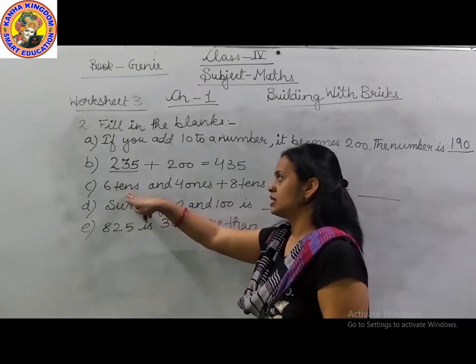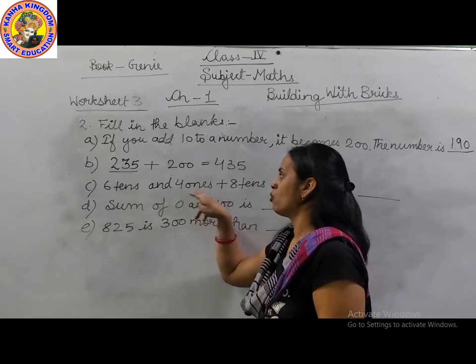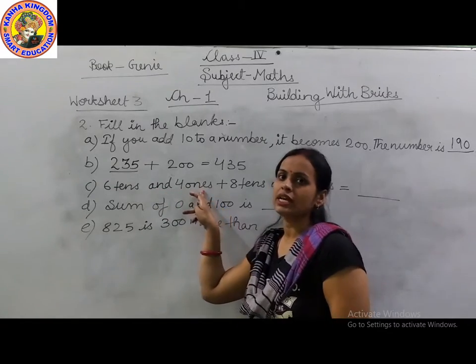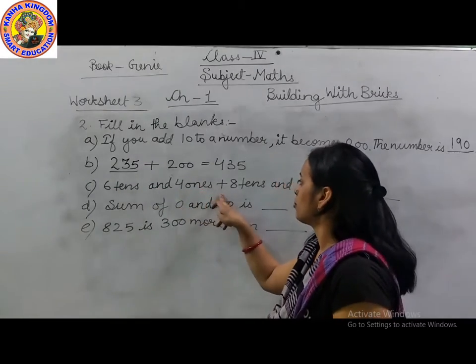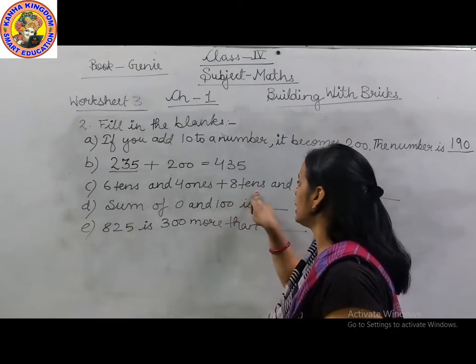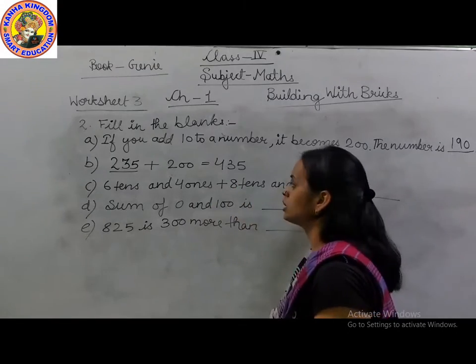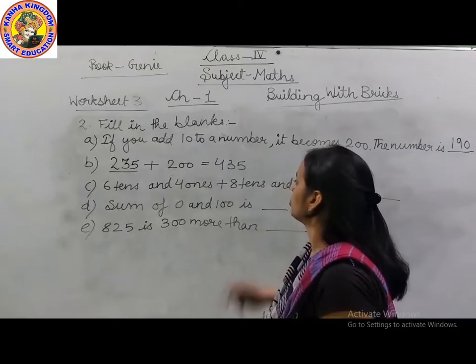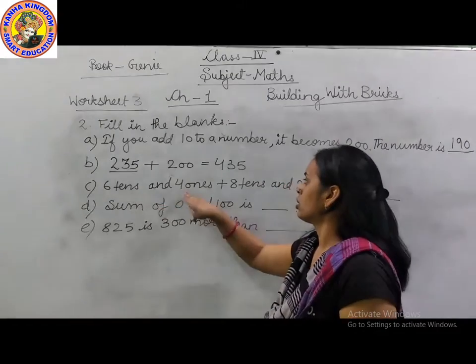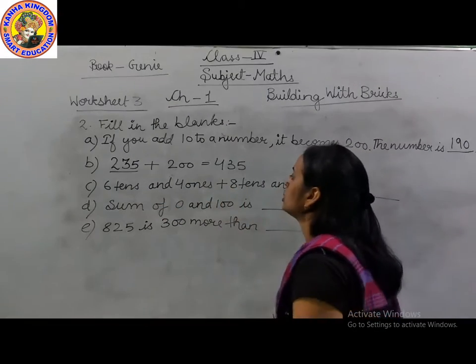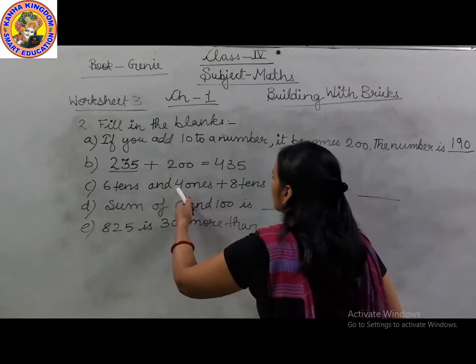Now next question number C. 6 tens and 4 ones plus 8 tens and 2 ones. Okay, means 64 plus 82. So first we add the digits at the ones place.